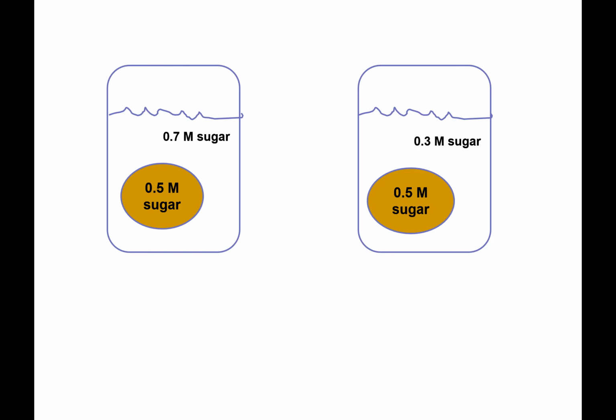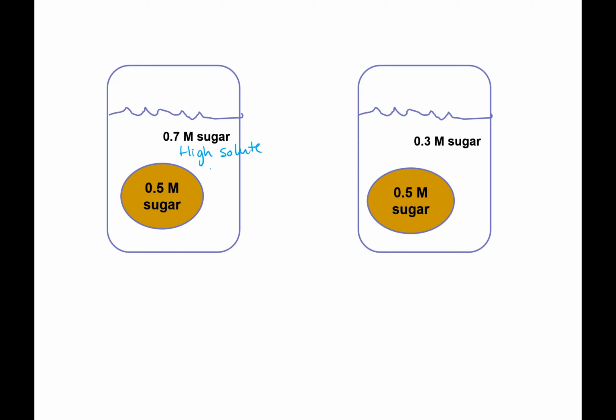All right, try this one. Now I've given you something called molarity, which we haven't talked about, but what you can do is compare the numbers. And so a simple way to think about this is if you compare, this has high solute compared to the cell, right? 0.7 is greater than 0.5.